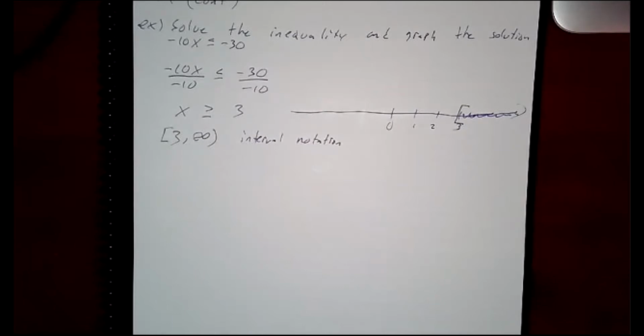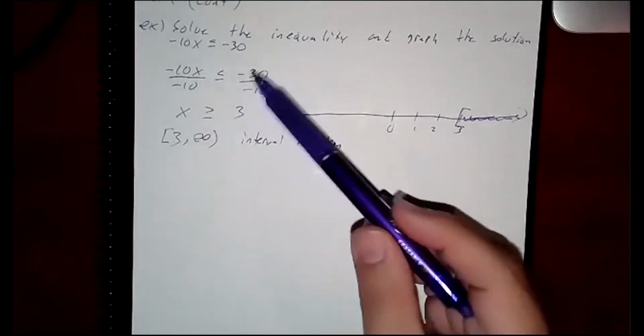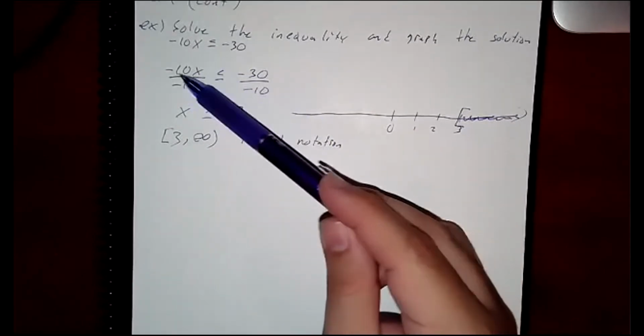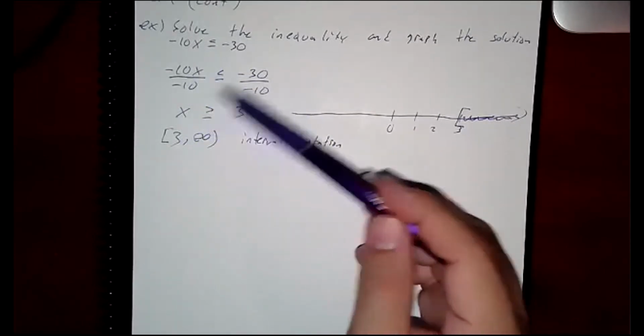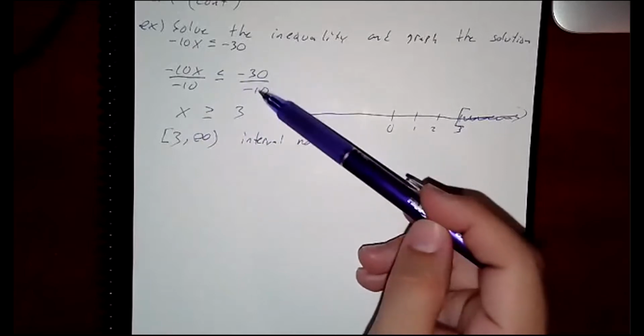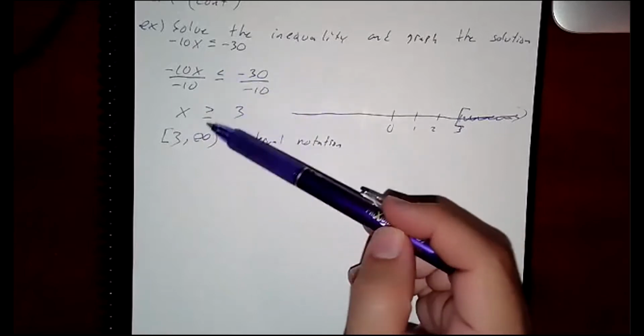Whenever you're dividing or multiplying by a positive, does the sign change or just the negative? Well, these signs will change, right? When you divide by negative, negative becomes positive. Yeah, these will change, but then you also need to flip the inequality.